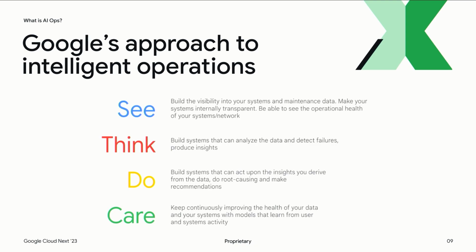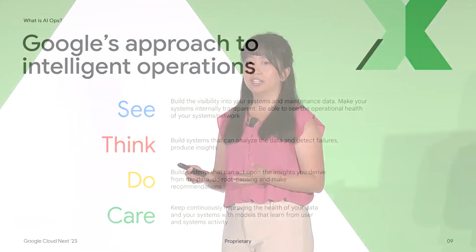Then it must be able to think. It should be able to analyze the data, produce insights, then actually take action on those insights, do root cause analysis, provide recommendations, and then finally care, continuously learn based off user activity, and continuously improve the system as well as the data with the ultimate goal of being what we call self-healing.